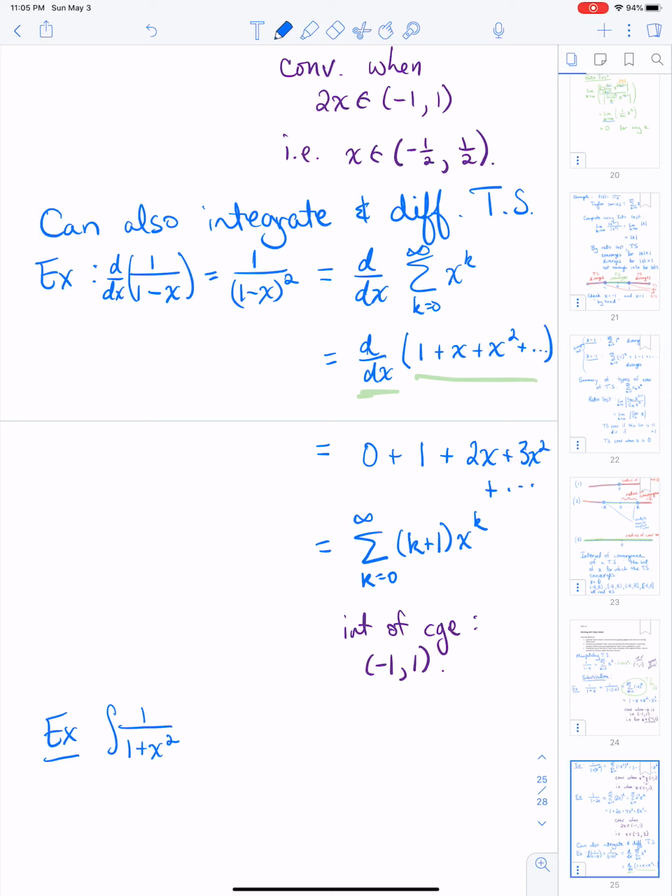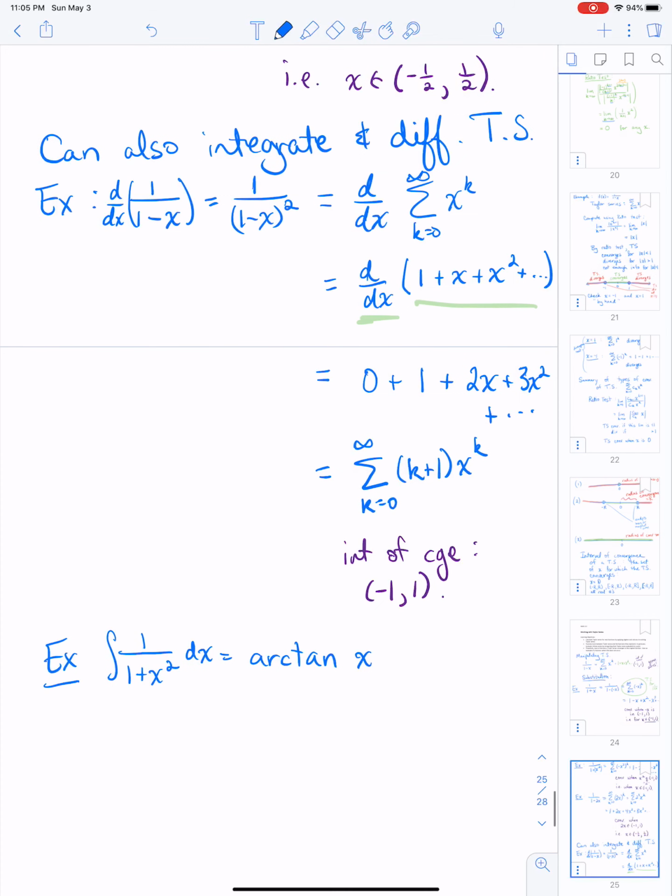So the integral of 1 over 1 plus x squared dx is equal to arctangent of x. And we know the series for 1 over 1 plus x squared.